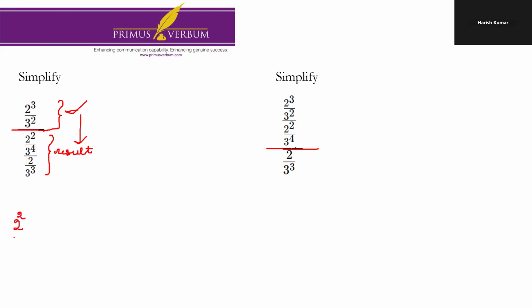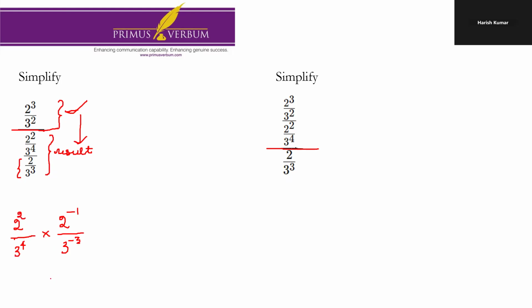So I have 2 square divided by 3 raised to the power 4. Now I'm going to bring this denominator to the top, which means I'll have to flip the sign of the exponents. So I will have 2 raised to the power minus 1 divided by 3 raised to the power minus 3.